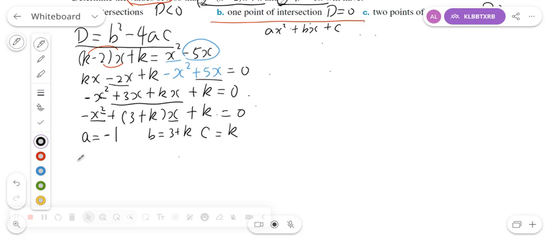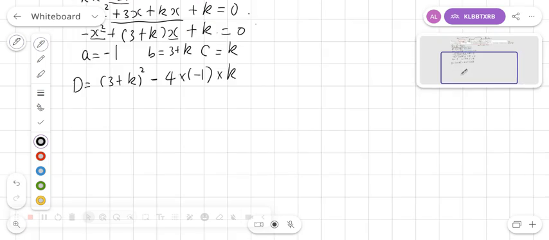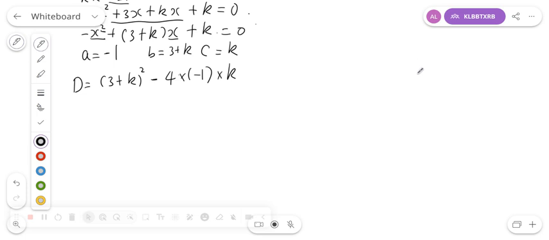So then we know D equals b squared, which is (3 plus k) squared, minus 4 times negative 1 times k.